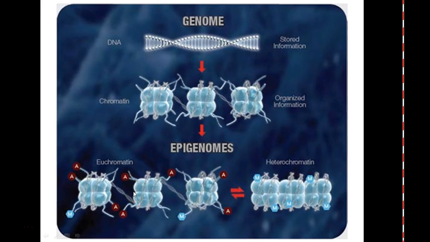So it looks like there is a code on top of the code on top of the code. So epigenomes have so many different layers of information, and this is all necessary to regulate different processes within the cells and dynamically respond to changing environments. So this is all necessary.